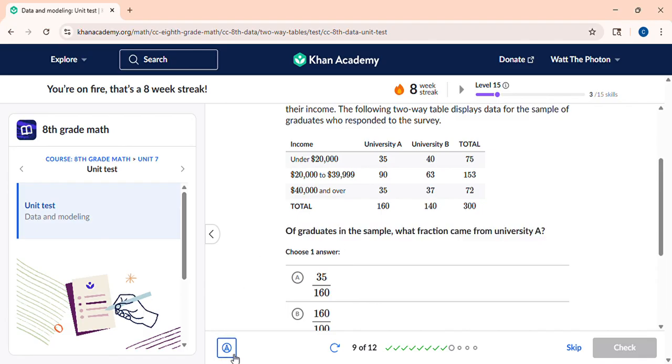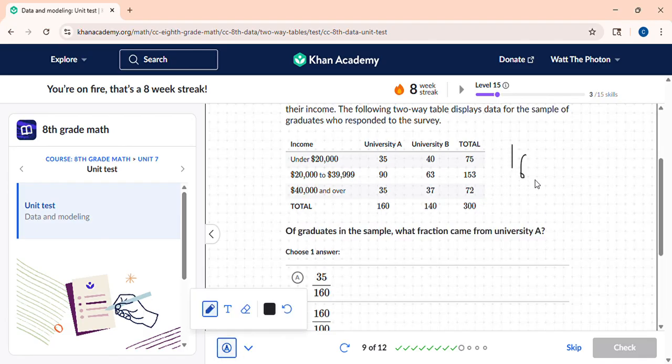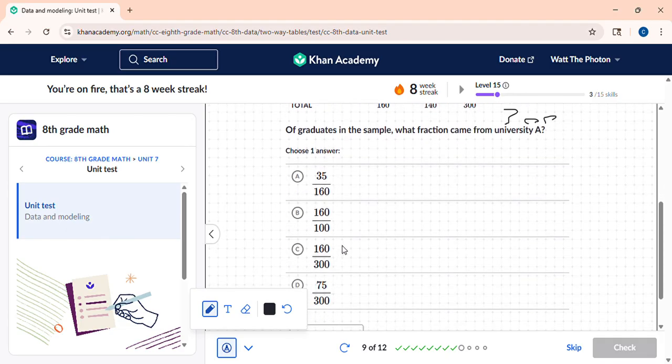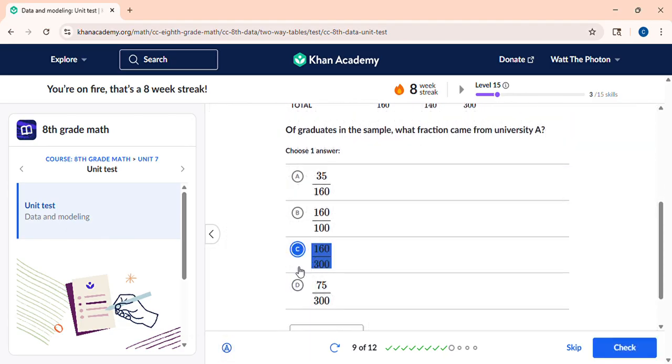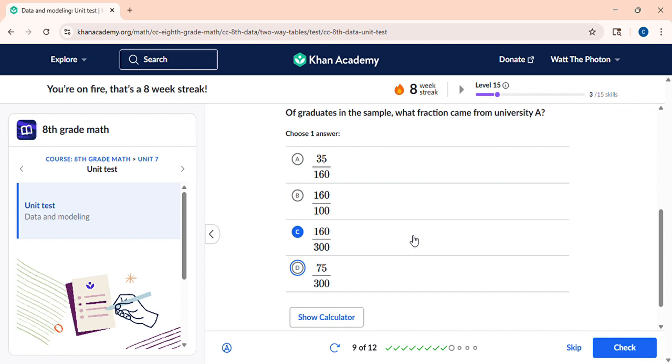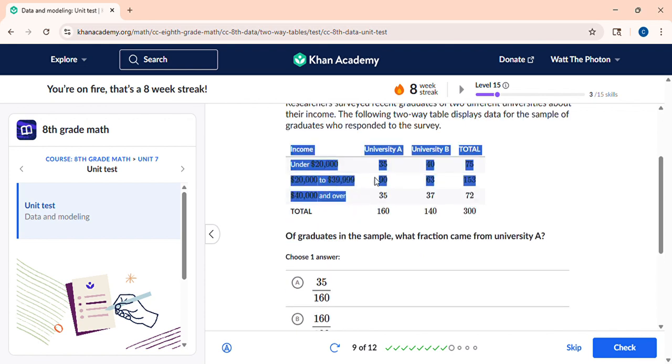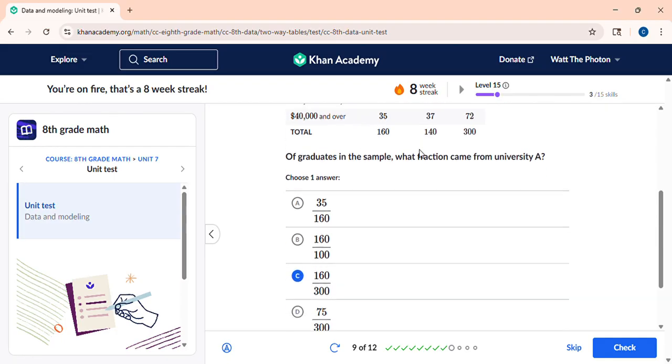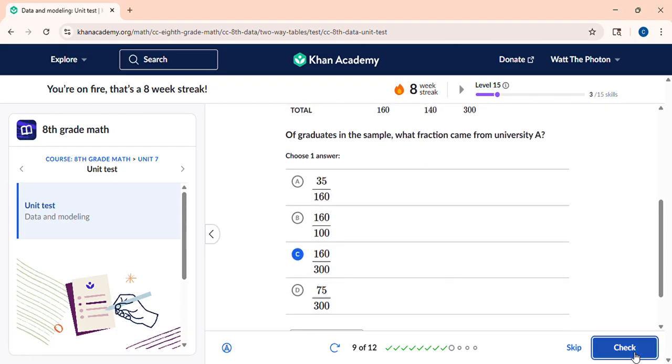The total, so we're going to look at 160 over 300. They're just recent graduates. Nothing has to do with money. We're just looking at A versus B. So 160 divided by 300, that makes sense.